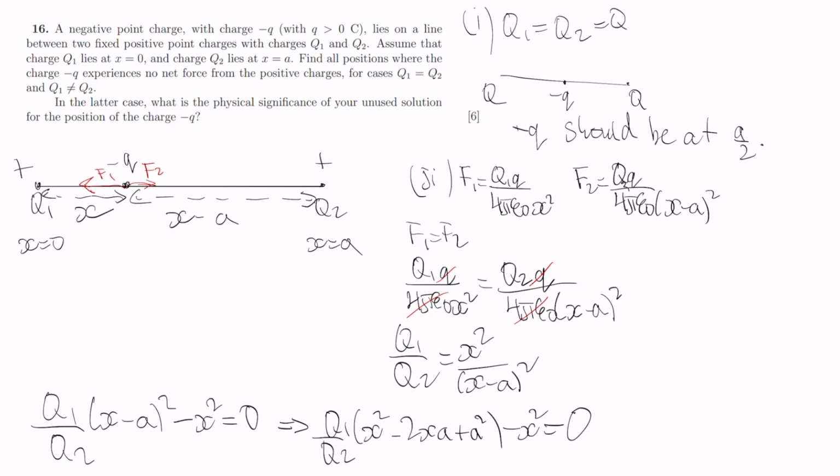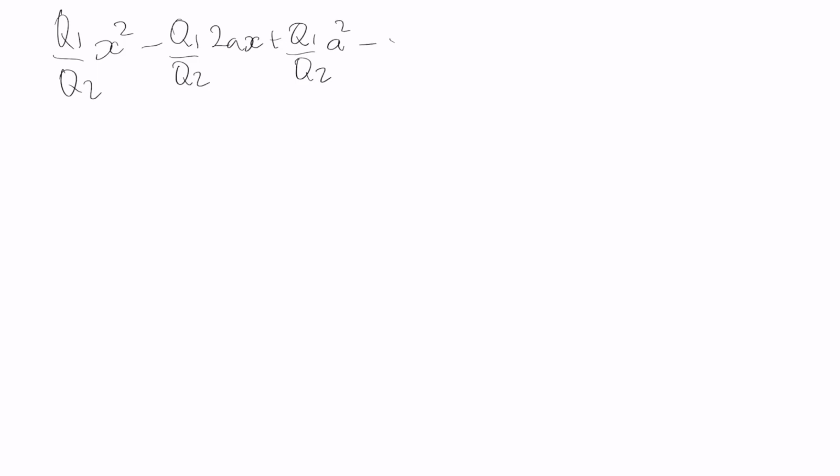Okay, well, we are ready to tackle the next part. So I'm just going to rewrite this over here and expand this a little bit further. So what is that going to be? Q1 over Q2 x squared take away Q1 over Q2 2ax plus Q1 over Q2 a squared take away x squared is equal to 0.